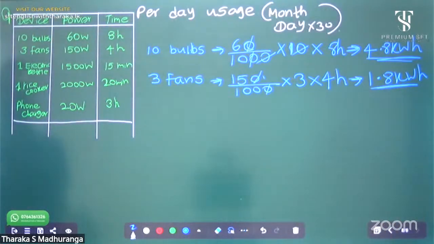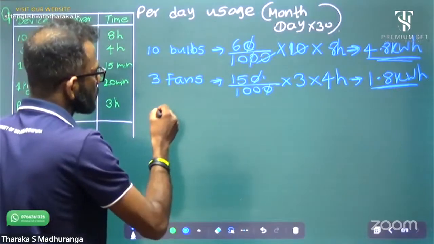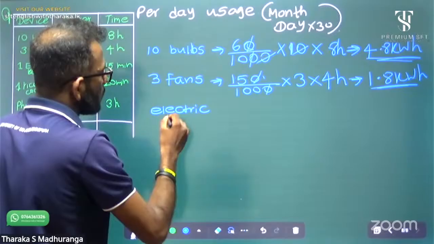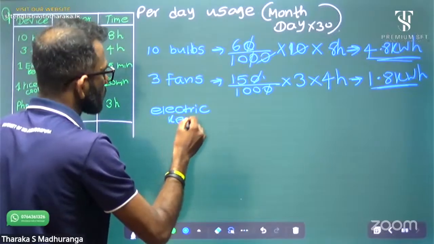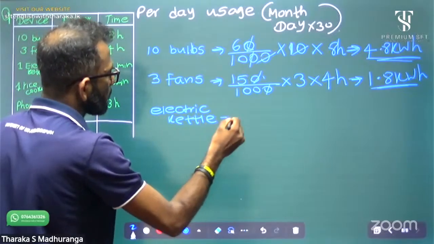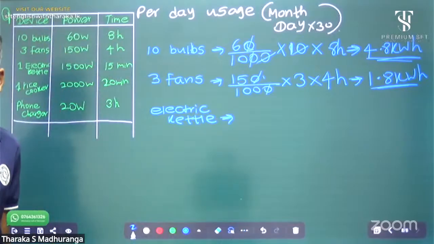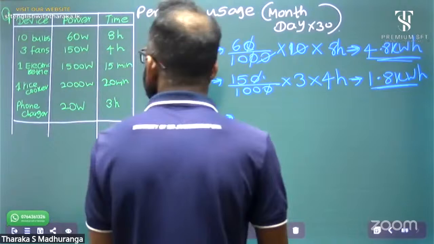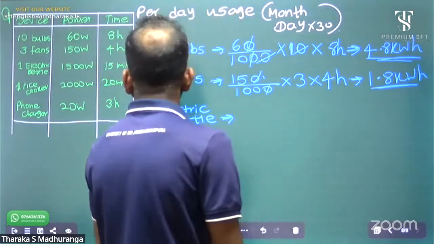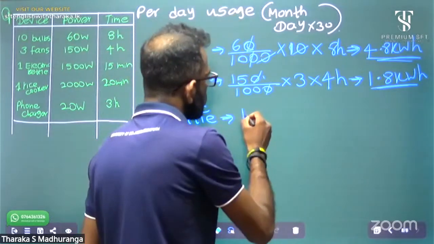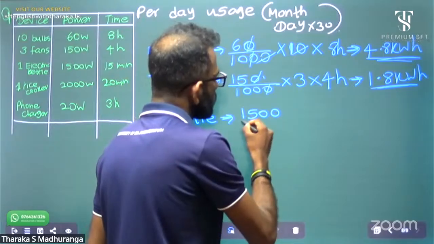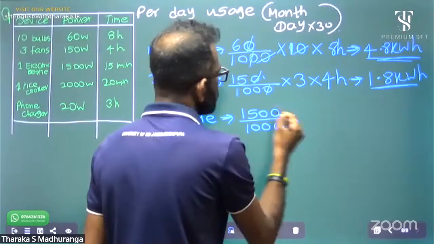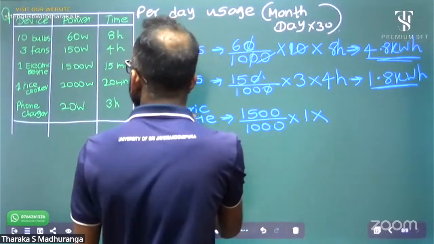Okay, next, electric kettle. It is 1500 watt. To convert into kilowatts, divide by 1000. It is only one device.